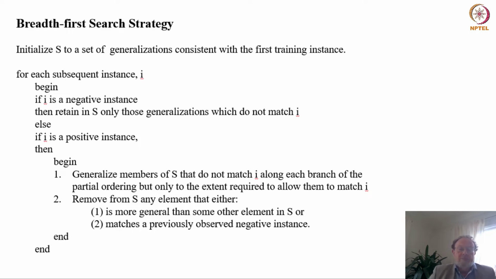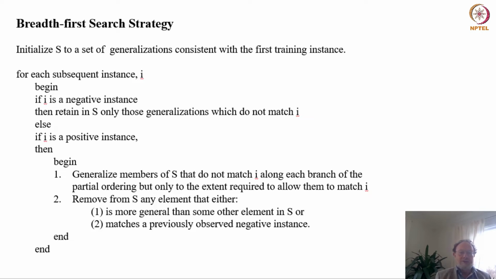In the other case, if we encounter a positive instance, then there are two things to do. First of all, we generalize the members of S which do not match I along each branch of the partial ordering, but only to the extent required to allow them to match I, which means that we're conservative.